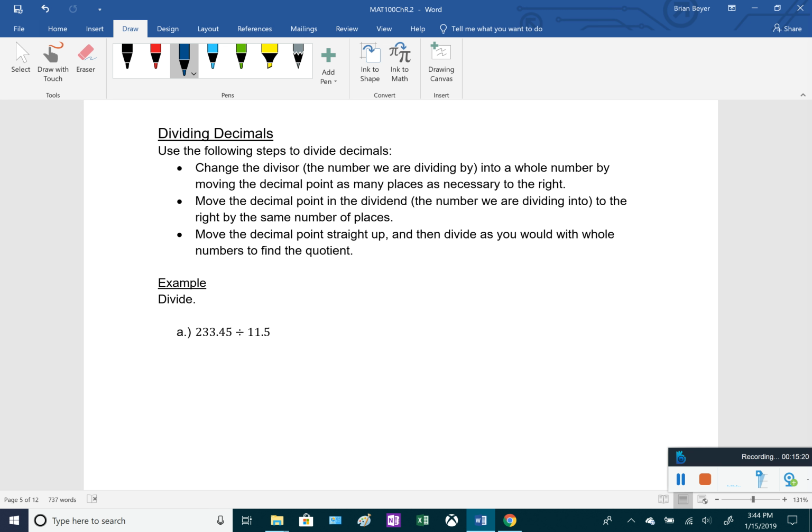Then we're going to move the decimal point in the dividend, which is the number in the numerator that we're dividing into, to the right by the same number of places. So essentially, we're just trying to make the divisor a whole number. Then when we're dividing, we're going to move the decimal point straight up and just divide normally.